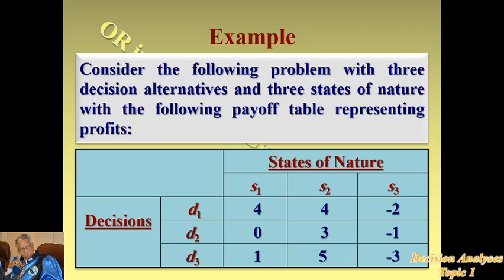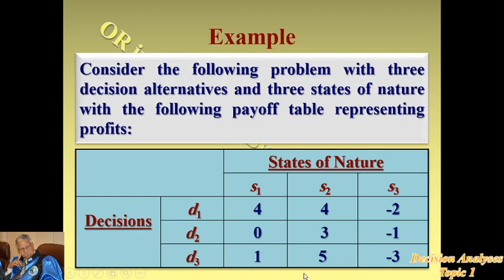If we establish a medium size restaurant, under a fair state of nature, our profit will be 0. Under a good state of nature, our profit will be 3,000. Under poor condition, our profit will be minus 1,000, a loss.